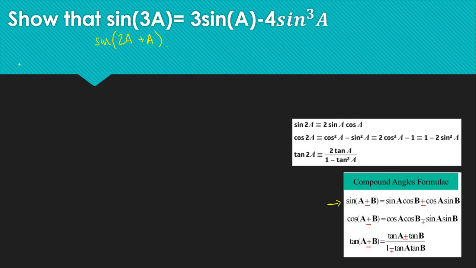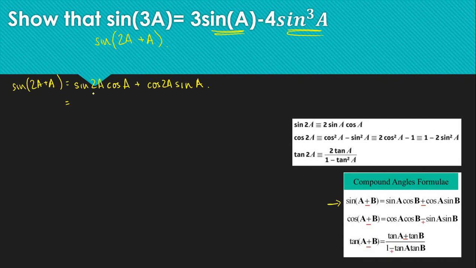So we're going to have sine of 2a plus a expressed as sine of 2a cos of a plus cos of 2a sine of a. Now I want everything as much as possible to have sine of a or sine cubed of a or something like that, but not sine of 2a.